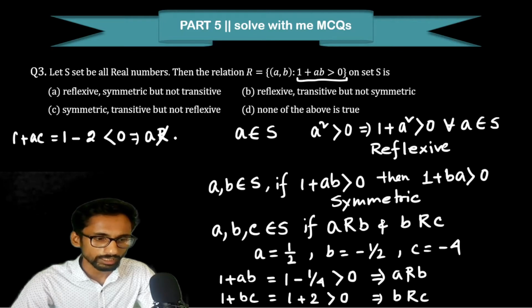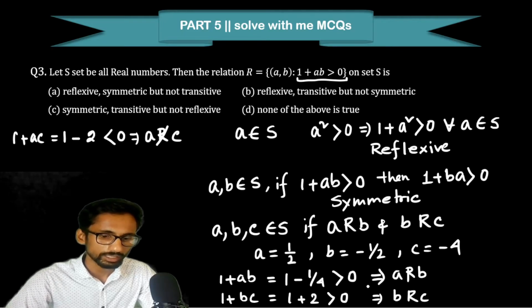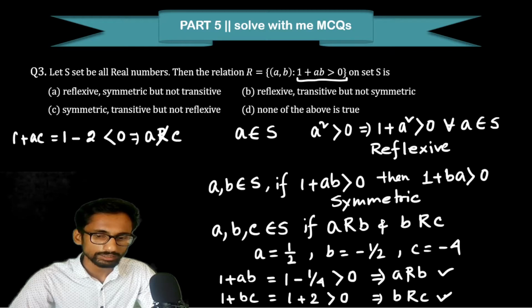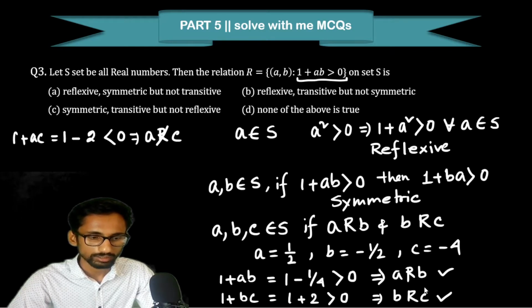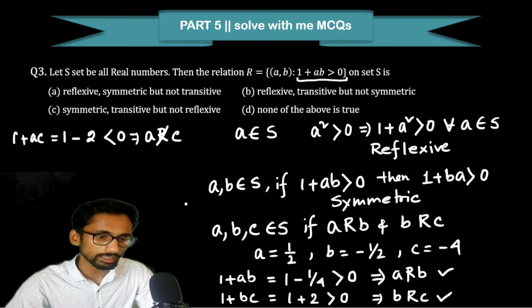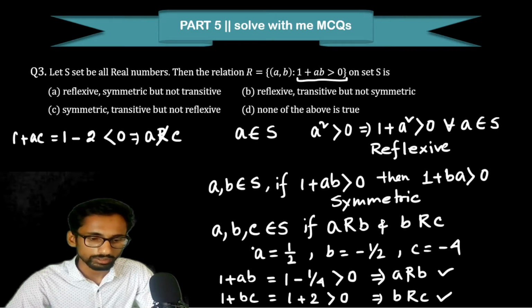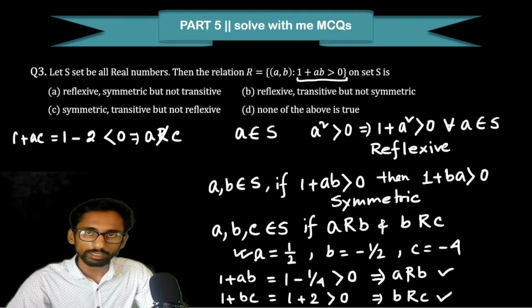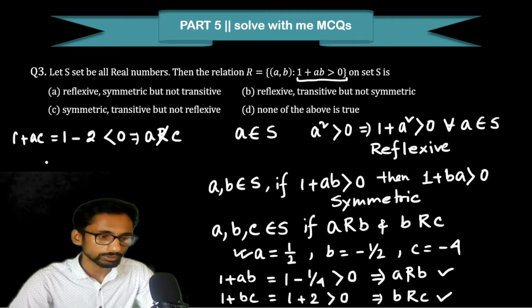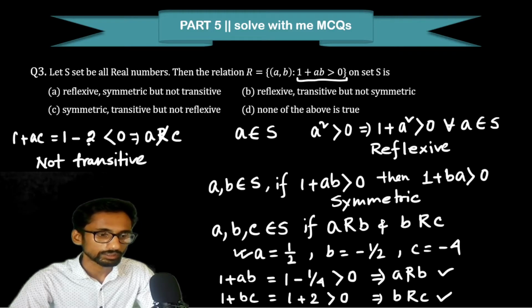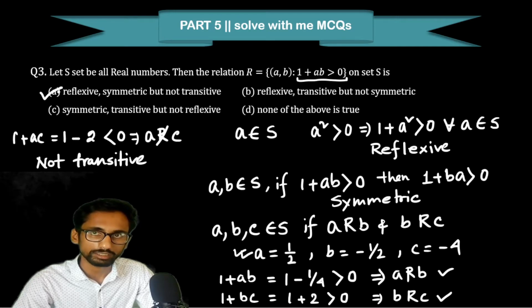Even if a and b are related, at the same time b and c are also related, so (a, b), (b, c) both belong to R, but (a, c) doesn't belong to R for these particular values of a, b and c. So the given relation is not transitive. So option A is the correct answer here.